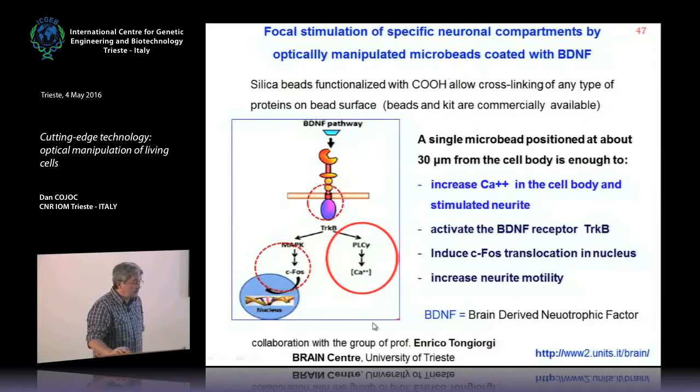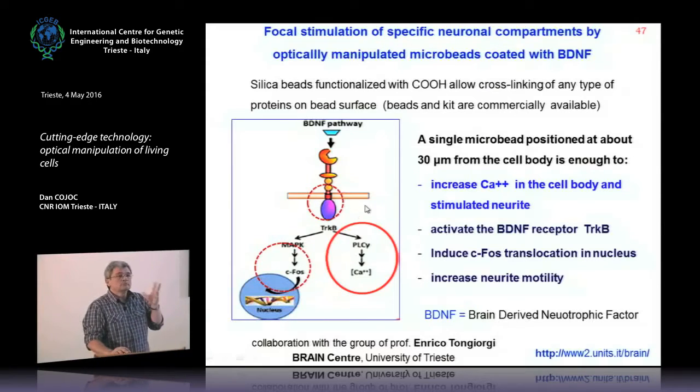This is in collaboration with Enrico Tongiorgi and Gabriele Bai from the Brain Center, University of Trieste. In these cases, we used beads functionalized with carboxylic groups, and we coated them with brain-derived neurotrophic factor. The goal was to see if a single bead is able to stimulate the neuron.